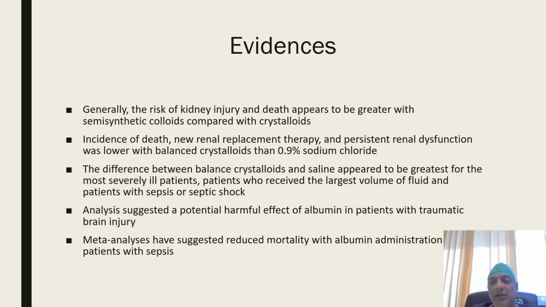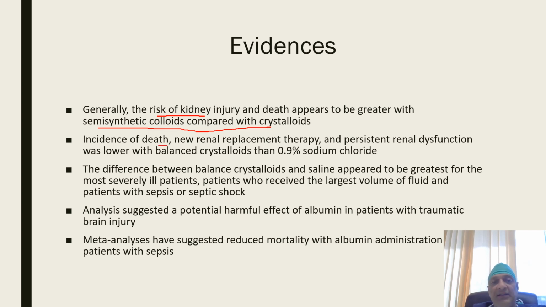So what evidence is available when head-to-head comparison of different fluids was made? The risk of kidney injury and death appears to be greater with the semi-synthetic colloids compared with the crystalloids. Semi-synthetic colloids means dextran, gelatin, and hydroxyethyl starch.